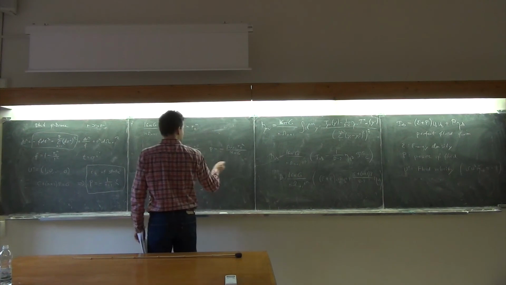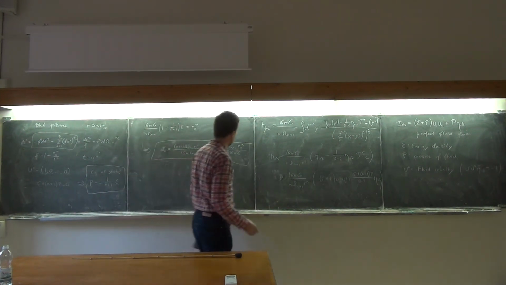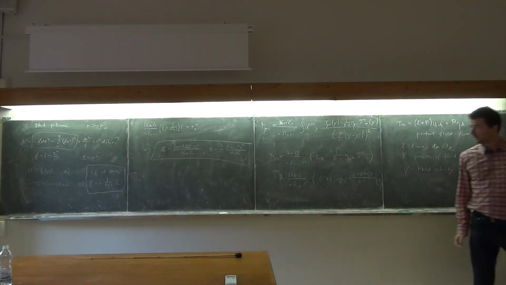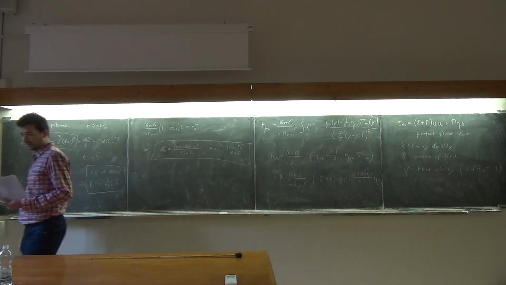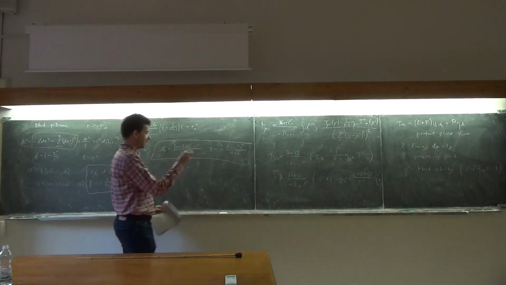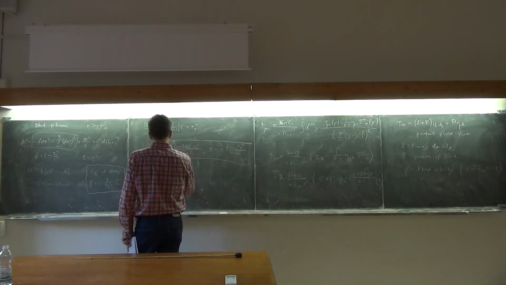So you see here that the pressure is negative. It's not what you normally would think is possible for a fluid. So it's a different type of fluid than you're used to. But there's a reason that it's negative.